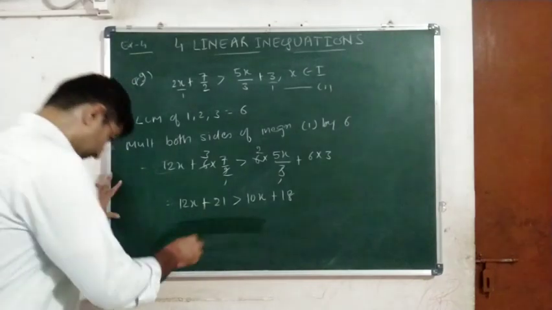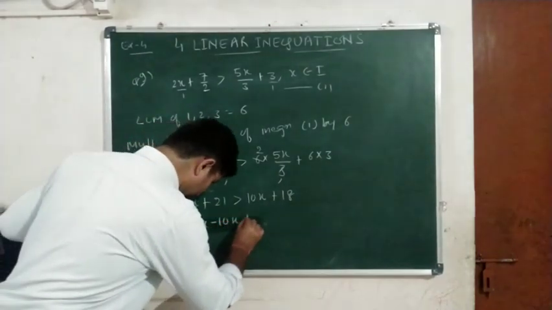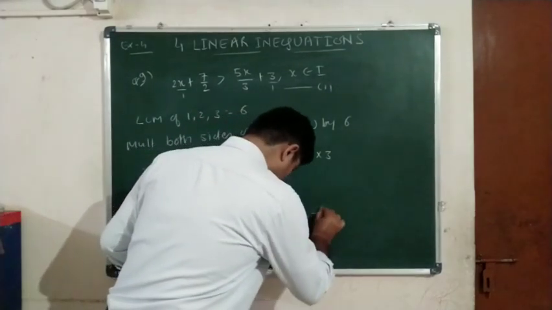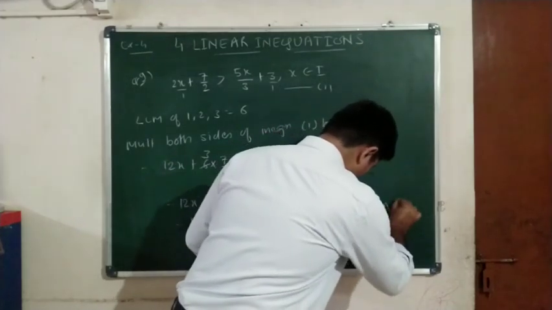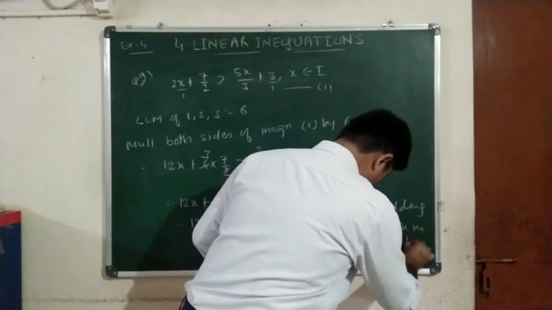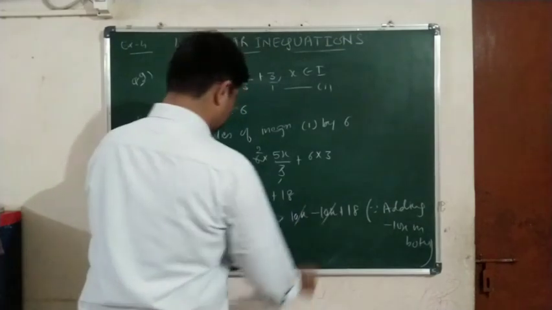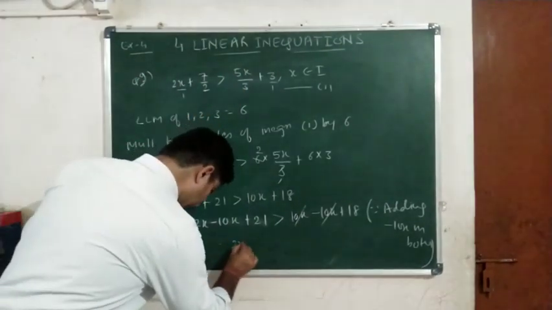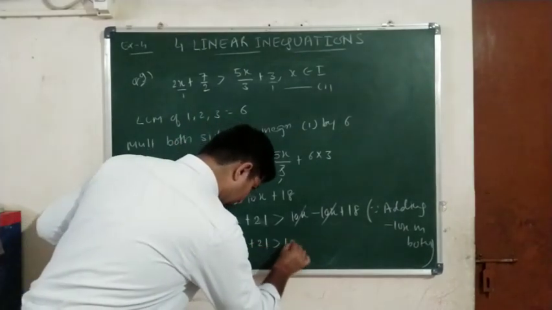So 12x minus 10x plus 21 is greater than 10x minus 10x plus 18. So adding minus 10x on both sides, the 10x plus minus 10x will get cancelled. 12 minus 10 will be 2x plus 21 is greater than 18.